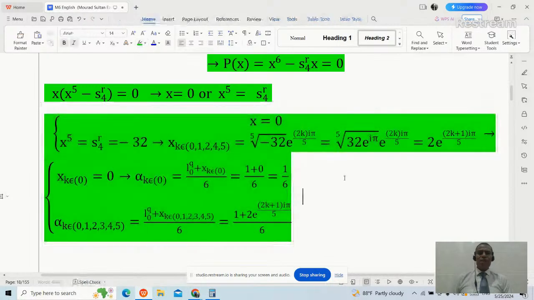Now, learners, it's clear that we already solved this polynomial to the power 6. For example, here you can see that when k equals 2, because k belongs to 0, 1, 2, 3, 4, 5, it will be 2 times 2 is 4, plus 1, it will be 5. 5 divided by 5 is 1, times I pi is I pi, then 2 exponential I pi is negative 2, and 1 minus 2 is minus 1, divided by 6.